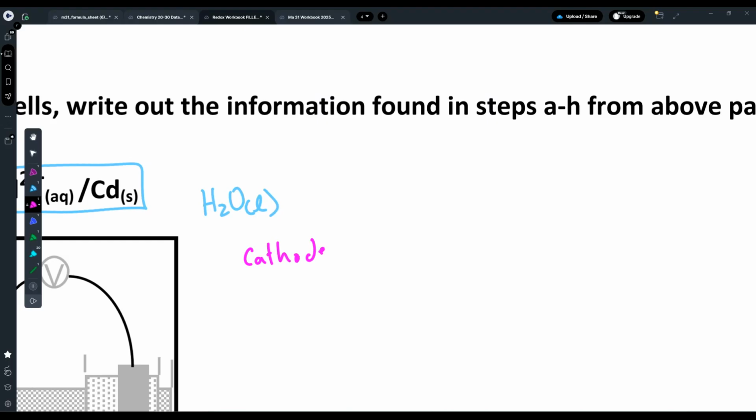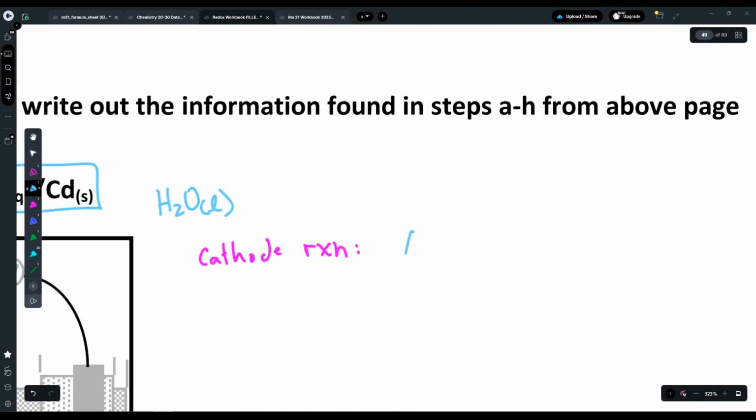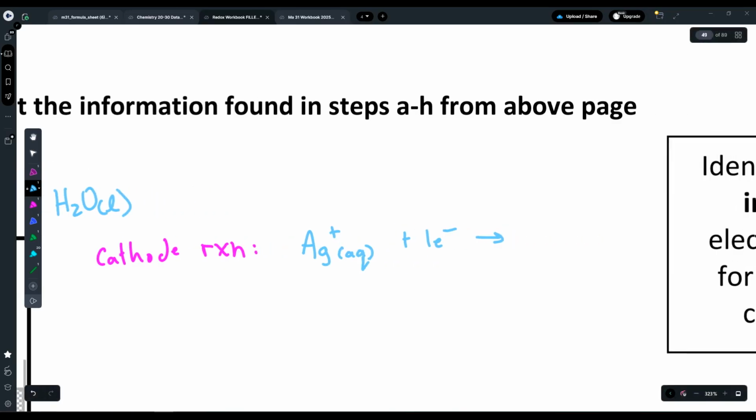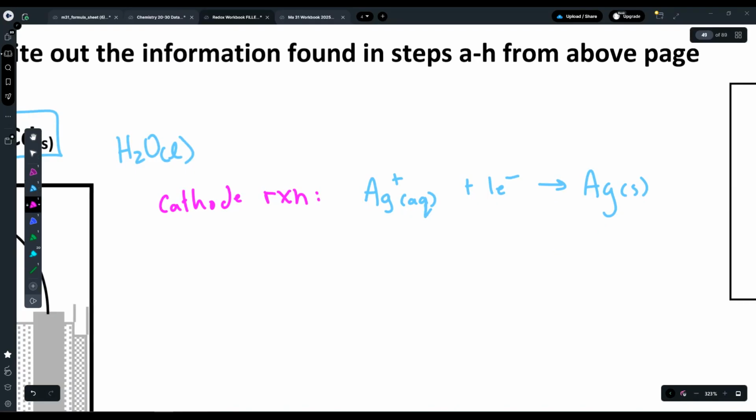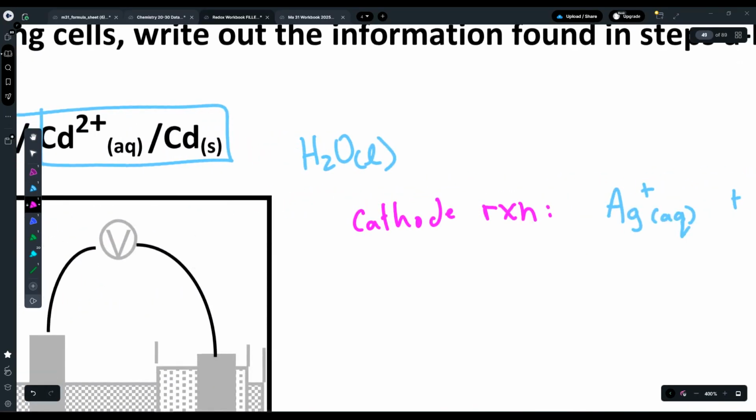So cathode reaction, that's going to be silver 1+ plus 1 electron gives us silver solid. Okay, so remember that the cathode reaction, that's going to be your reduction half reaction.